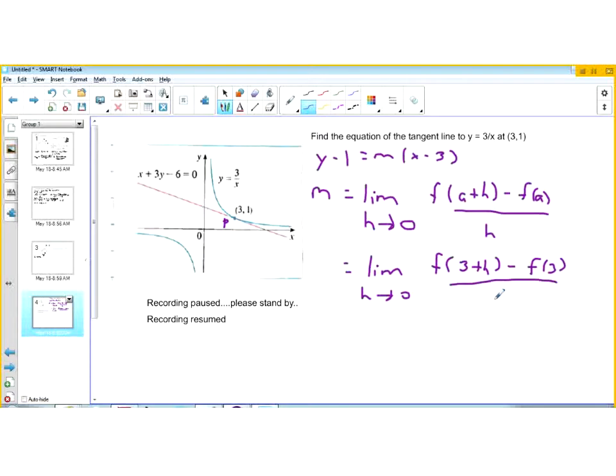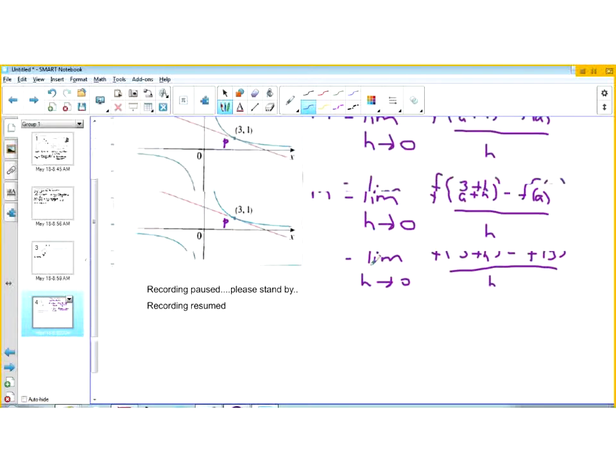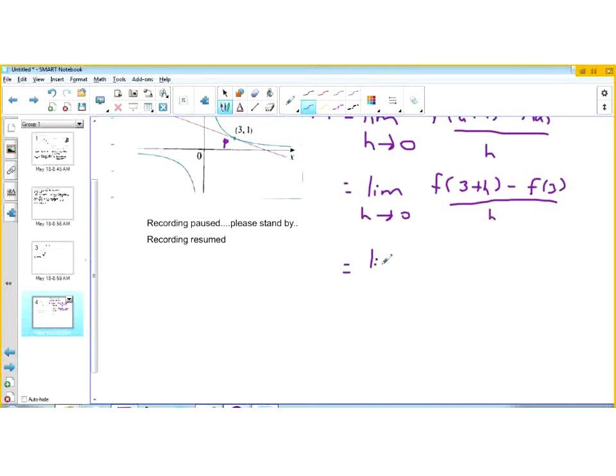So we wire 3 into the equation for the slope of the tangent, and then we replace f with its definition. f is 3 over x, so f of 3 plus h will be 3 over 3 plus h, minus 1, because f of 3 is 1, divided by h.